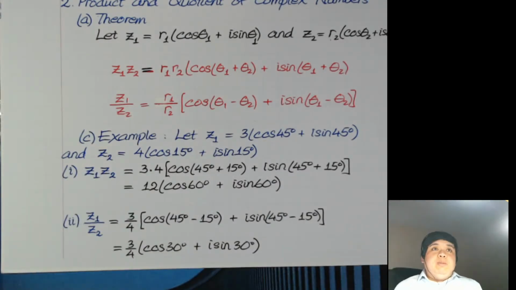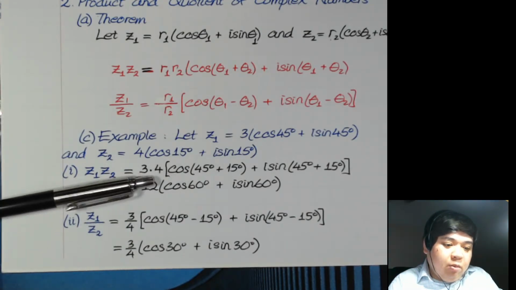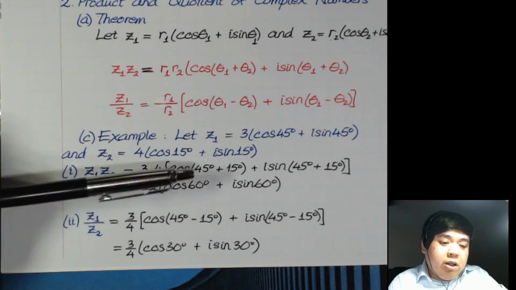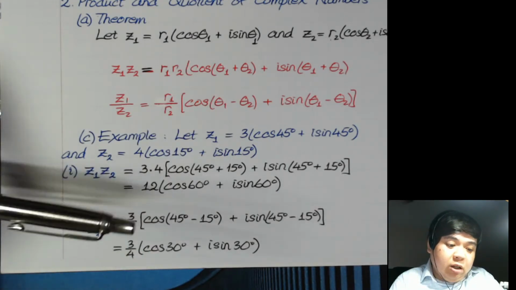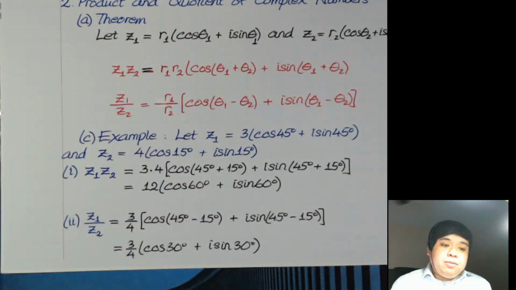So that's very simple, right? We multiply the modulo and add the arguments. Divide the modulo and subtract the argument.